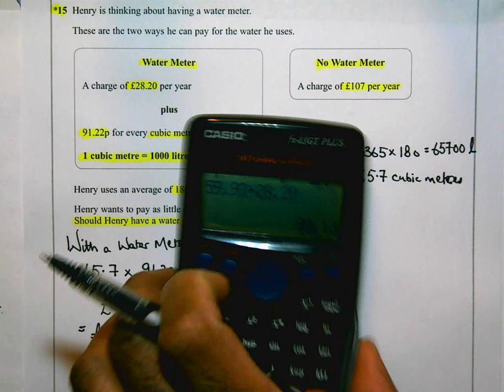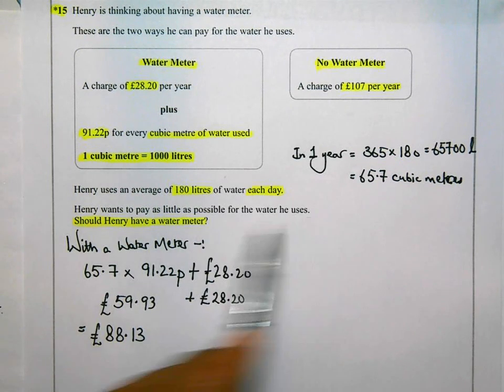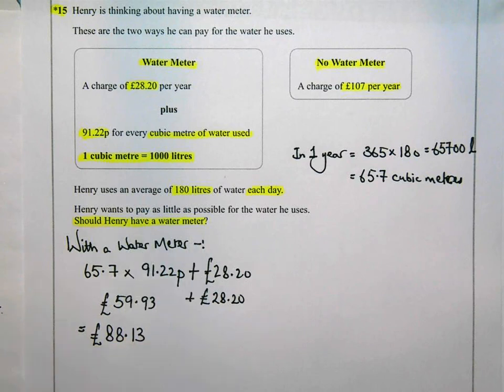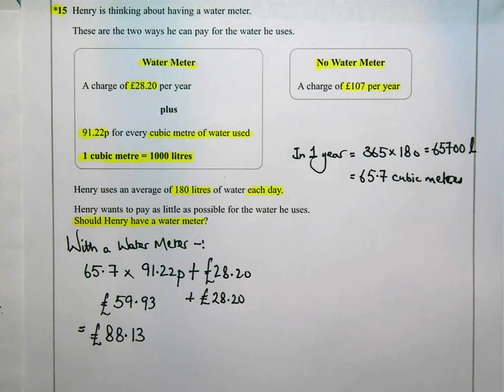Now, Henry wants to pay as little as possible for the water he uses. Should Henry have a water meter? Well, with a water meter, it's actually going to cost him £88.13. With no water meter, he's going to pay £107 per year. So the answer is, should Henry have a water meter?